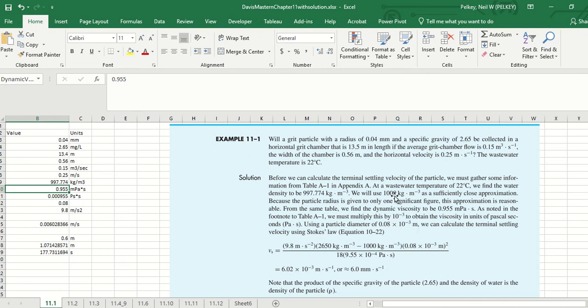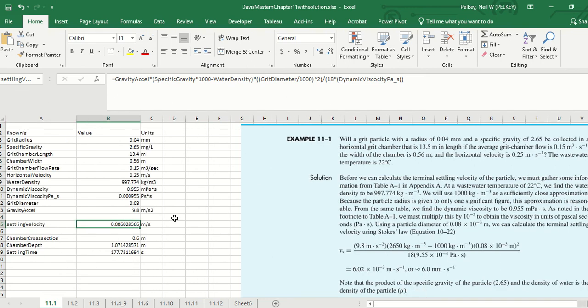Well, radius of 0.04. All right, so we can calculate it. That gives us all of the information that we need, right? And then 9.8 meters per second squared is the gravitational constant. And so we use the gravitational acceleration times the, if we move over, we'll see those things right here.